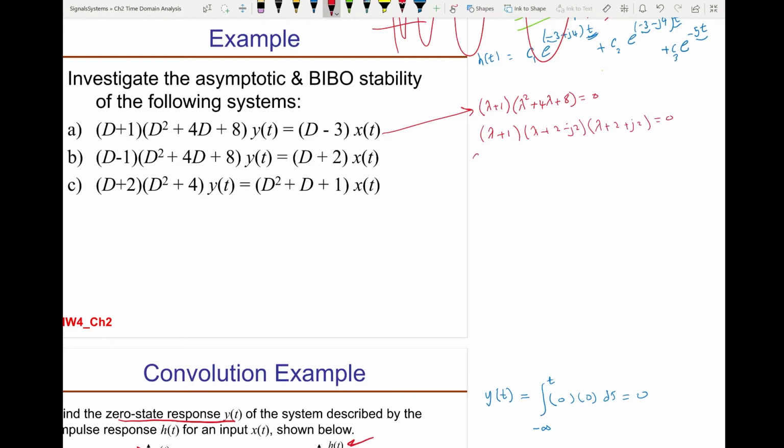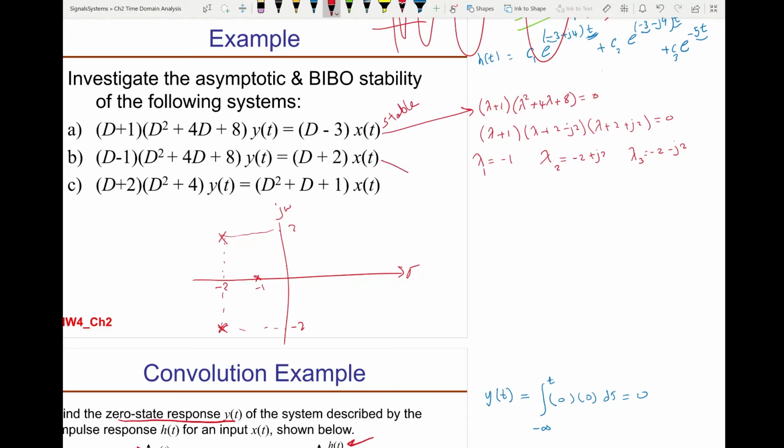So you have a characteristic root, one at minus 1, another one at minus 2 plus j2, a third one at minus 2 minus j2. And if we plot these here, you have one here, minus 1. You have one at minus 2 plus j2, and one at minus 2 minus j2. So all its characteristic root in the left-hand plane, so this is internally stable.